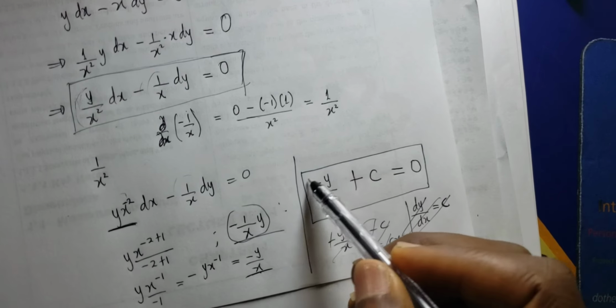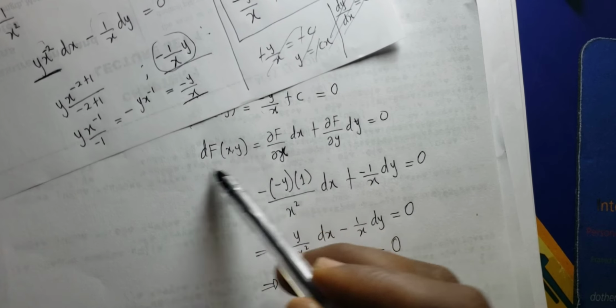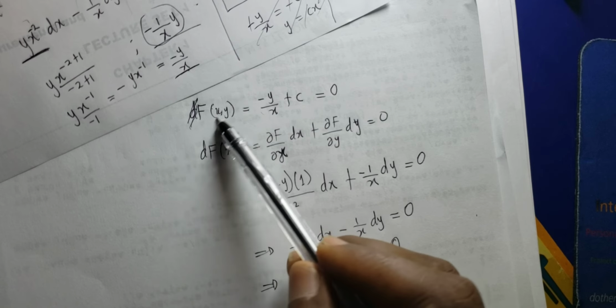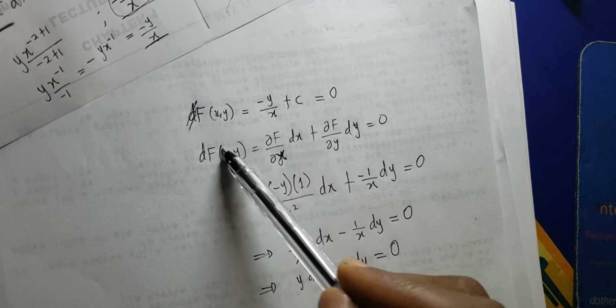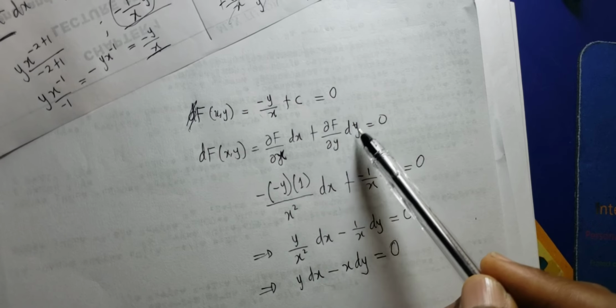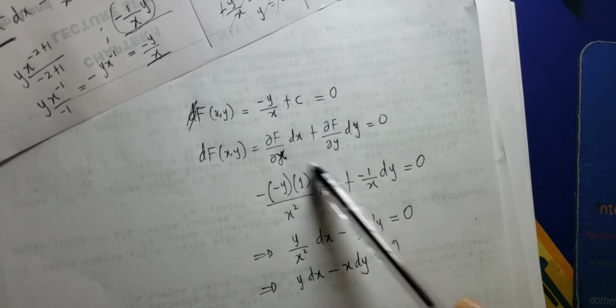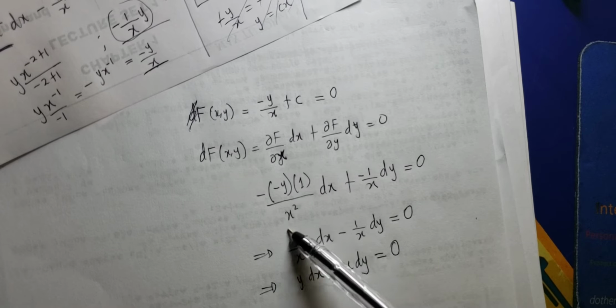That means if you're unable to get this, or you are not sure of yourself, you can always do this: get the total differential, that is let f be equal to what you just got now, and then get the total differential. The df will be ∂f/∂x dx plus ∂f/∂y dy equated to 0. Then try to get that from here. At the end of the day, it should give you back the original equation.